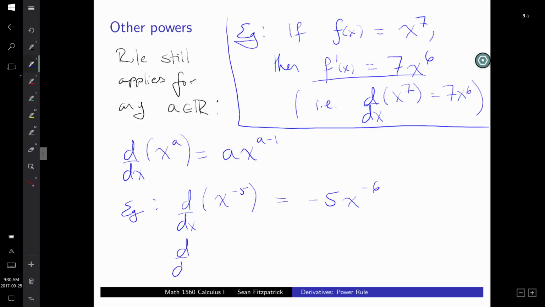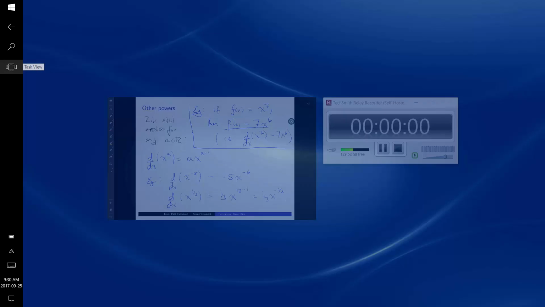Or if I was doing the derivative of x to the 1/3, the cube root function, the 1/3 comes down in front, and 1/3 minus 1 gives me 1/3 x to the minus 2/3. So that's the power rule. In the next video, we'll look at the sum and constant rules, which are going to let us take this power rule and extend to objects like polynomial functions.